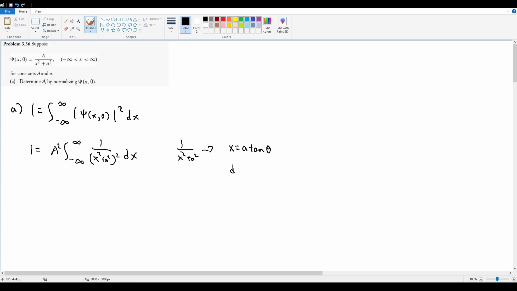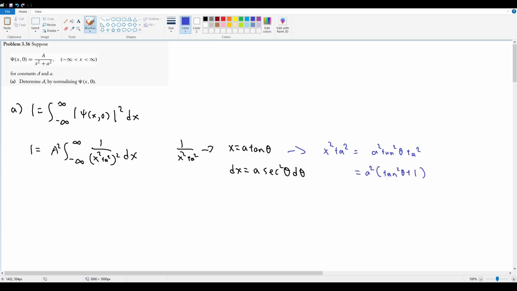In this case, dx is going to equal a times secant squared theta d theta. And then, if I take this and plug it into my x squared plus a squared expression, this is going to give me a squared tangent squared theta plus a squared, which is equal to a squared times (tangent squared theta plus 1).